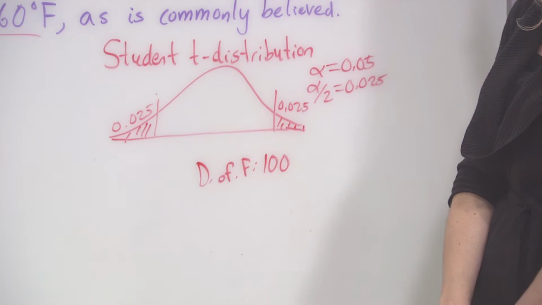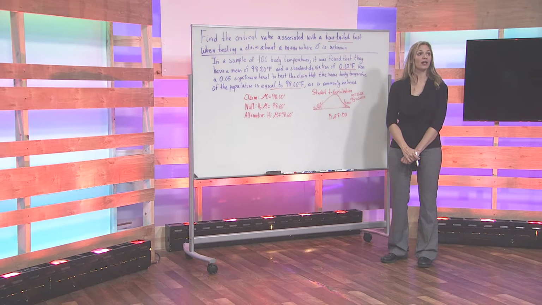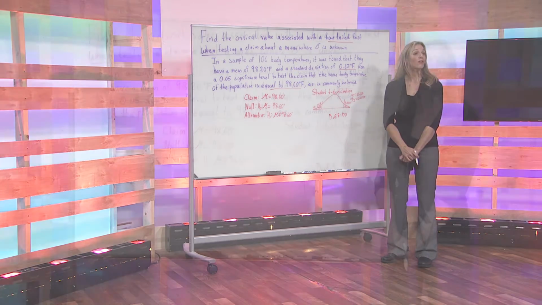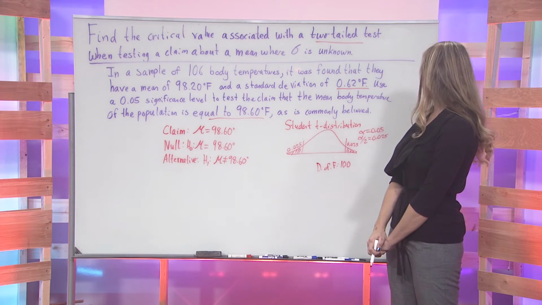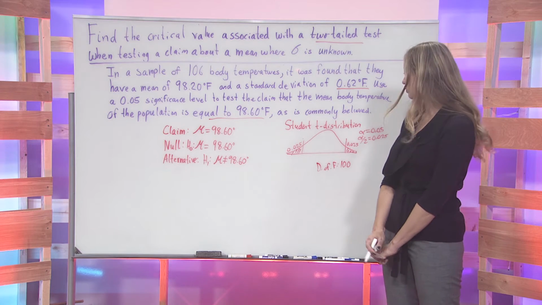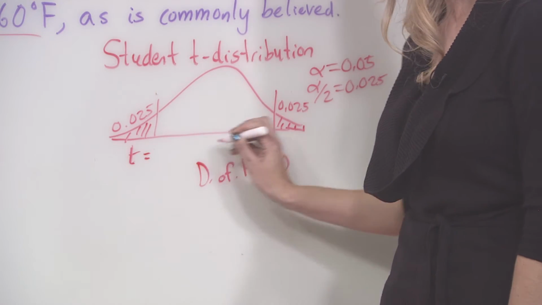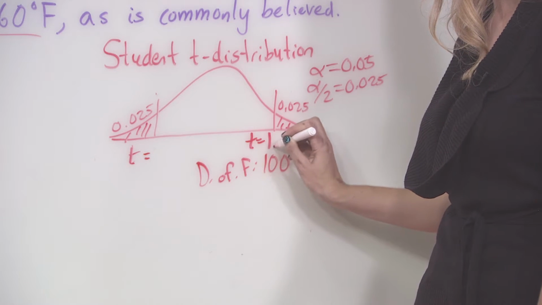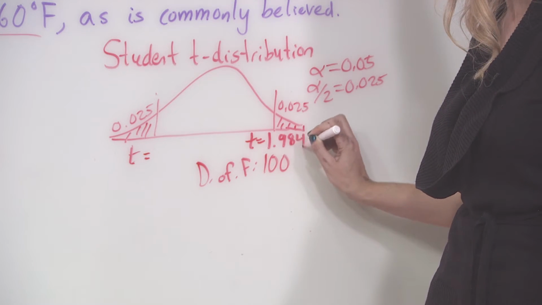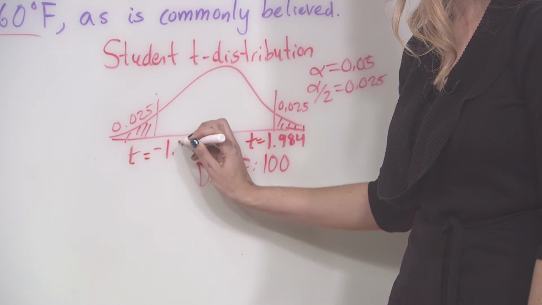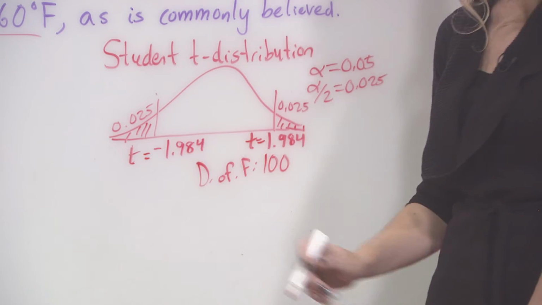From this particular degrees of freedom and looking at an area in two tails total of 0.05, or an area in one tail of 0.025, we will get two different t-values. We will get t-values of 1.984 and negative 1.984.